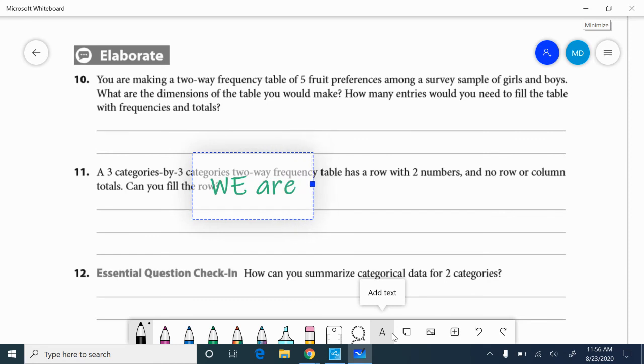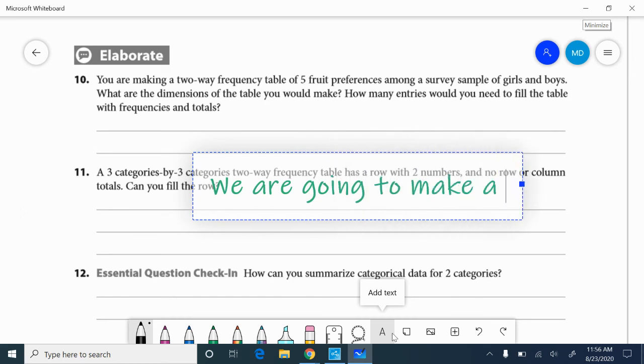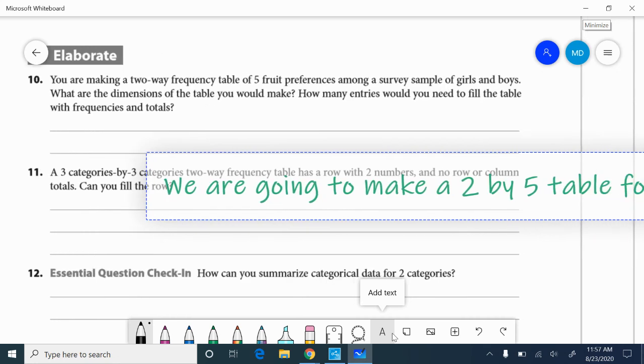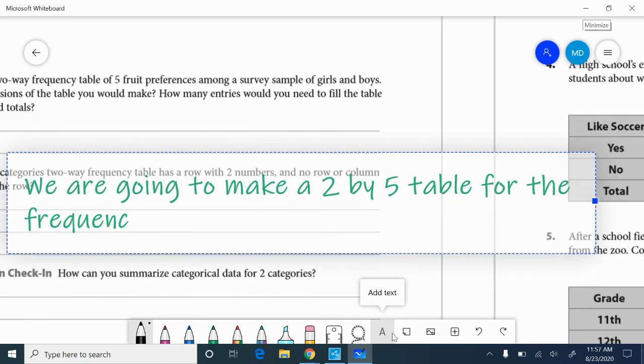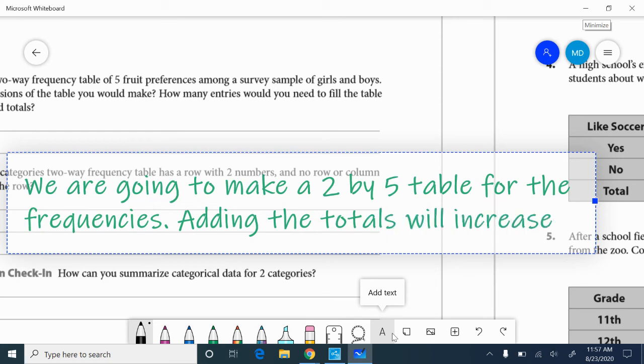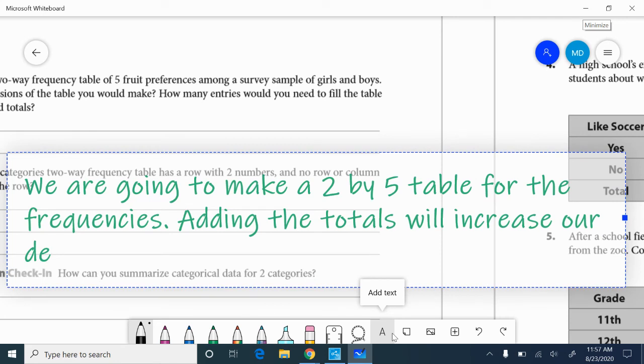We are going to make a 2 by 5 table for the frequencies. Once you add those totals on, you're going to increase your dimensions. So adding the totals will increase our dimensions.